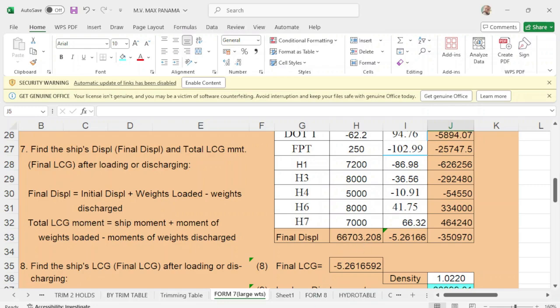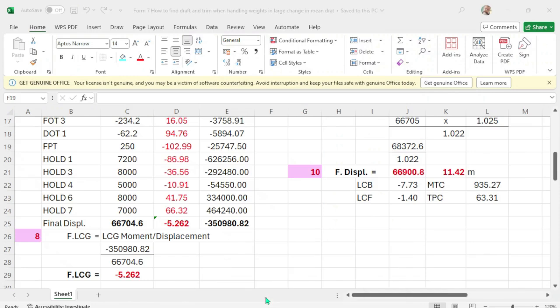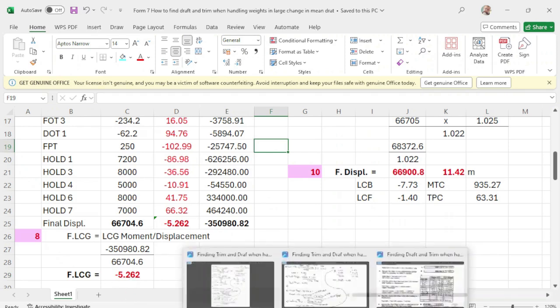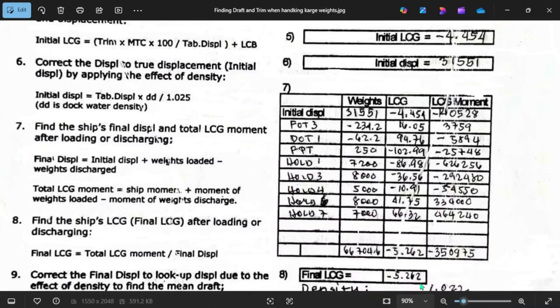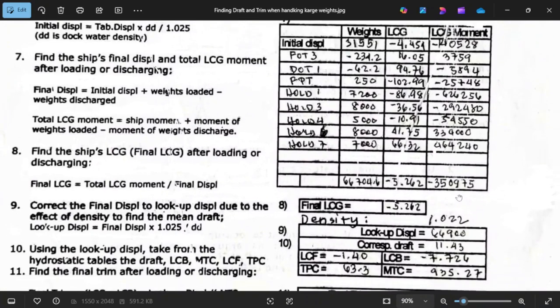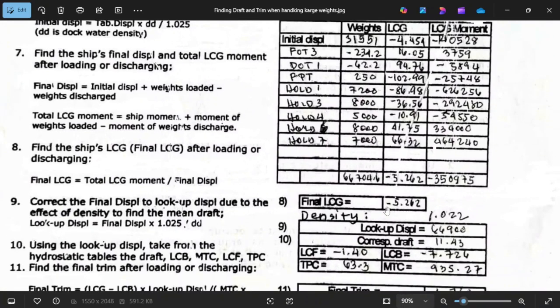I got 66704.6. But you have the same final LCG of -5262. And you have here -5262, the same. So number 8, your final LCG is -5262.